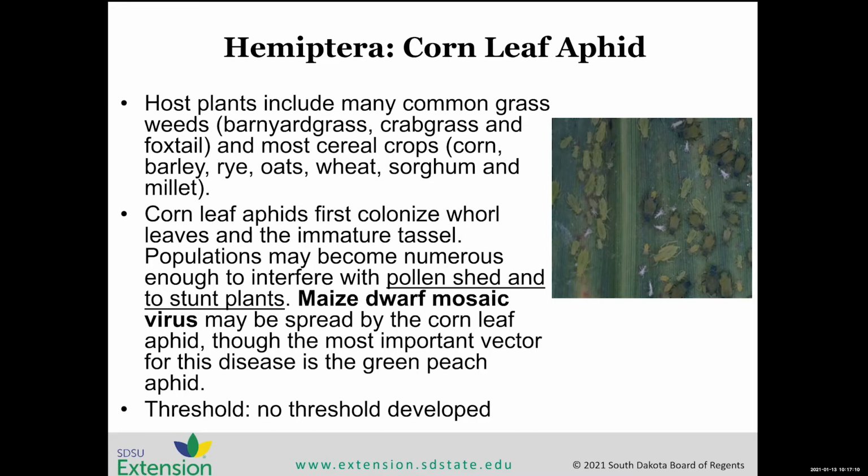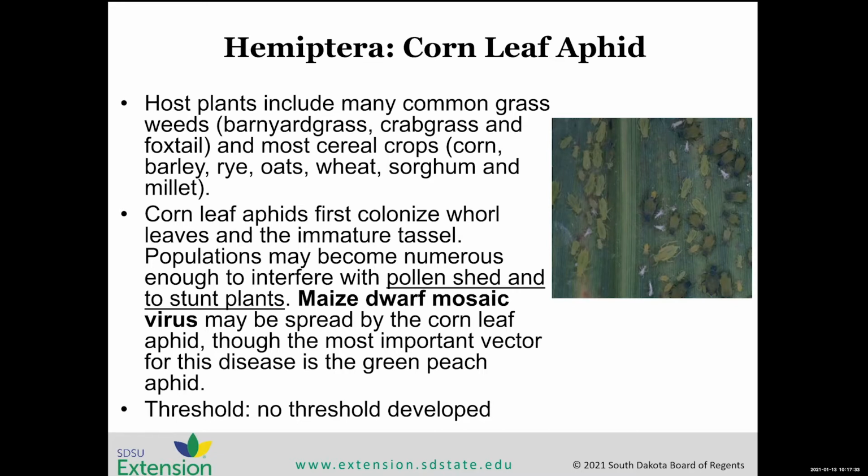With the cornleaf aphid, in most cases, they aren't an economically injurious insect, so there's no threshold for them. But the reason we mention them is that if you do have enough of them, they can excrete enough honeydew, which is very sticky, to prevent pollen shed and possibly stunt your plants.